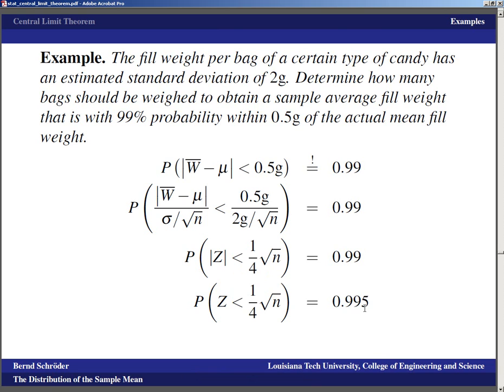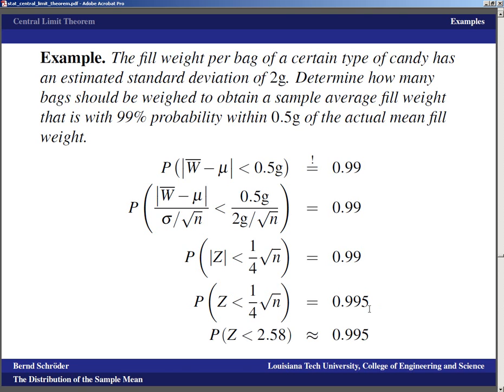That's a picture that I really want you to draw to understand, and I don't have an animation here to set that up. But it's a good thing to get yourself reconnected to normal distributions here. And so what we're interested in is a value of n, so that the probability that a standard normal random variable is smaller than 1/4 root n is 0.995.